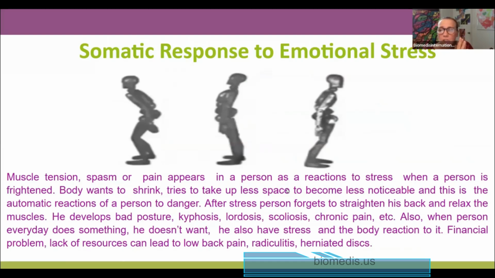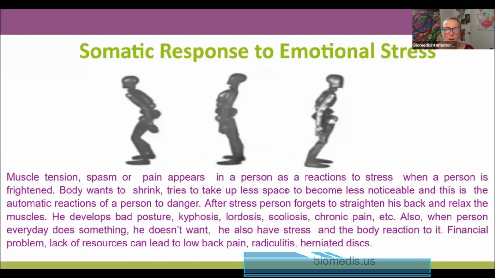It's an automatic reaction of the body to danger. After stress, a person simply forgets to straighten his back and relax his muscles, and it can develop into back posture problems like kyphosis, lordosis, scoliosis, chronic pain, etc.